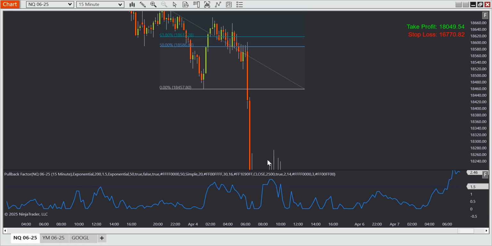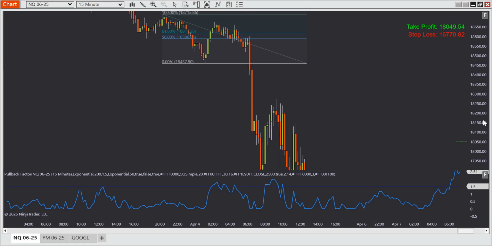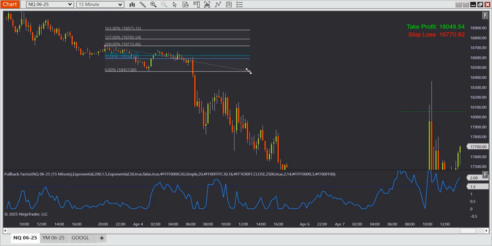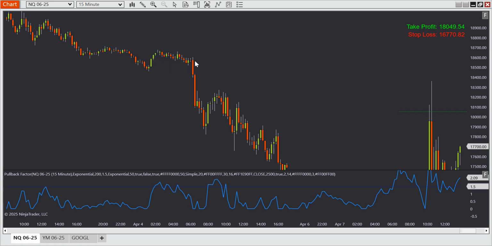Another very sharp move down. Move down. What happens? Retraces up. At the same time, the pullback factor is telling us, okay, the retracement is over. We should see another move down.